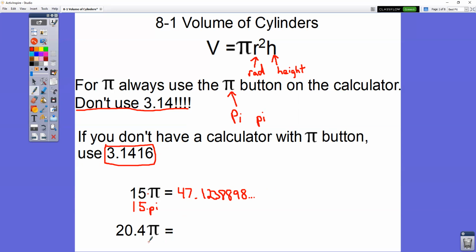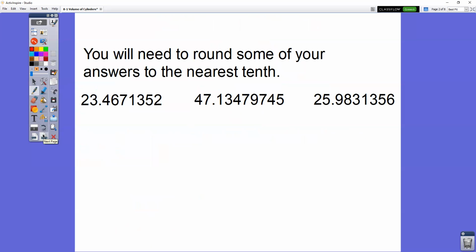20.4 pi would really be 64 and a whole bunch of decimals after it, 0884901. And again, it just keeps on going on and on forever. So you will need to round some of your answers to the nearest tenth.